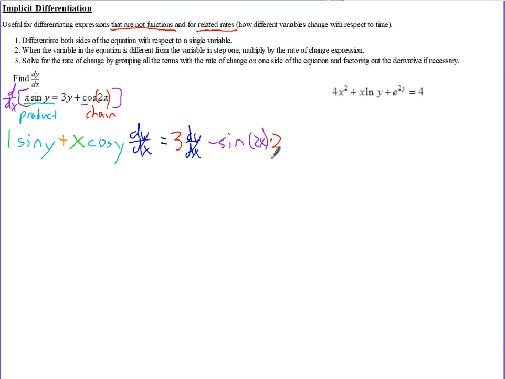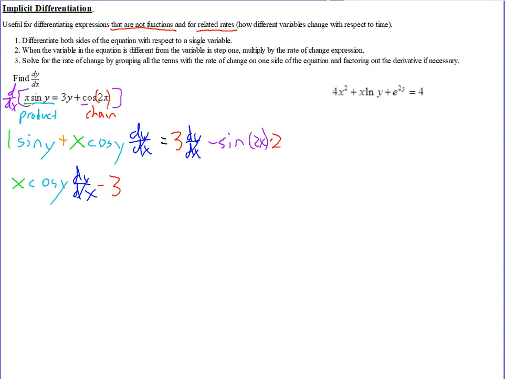Then, since there's oftentimes more than one dy/dx term, in order to isolate it, you have to get them on the same side. So I'm going to leave this x cosine y on the left side, along with the dy/dx, and subtract over the 3 dy/dx.